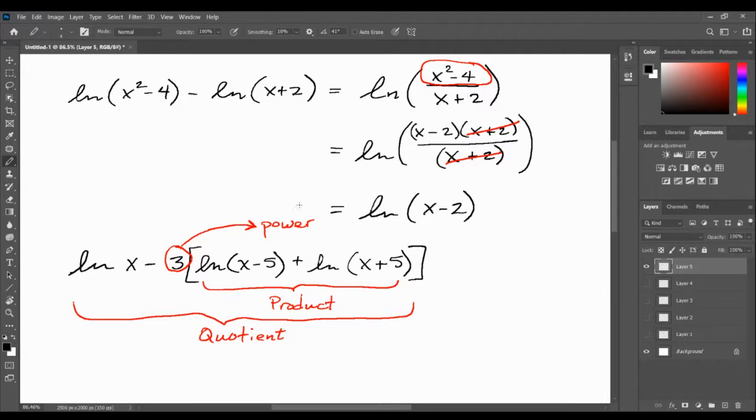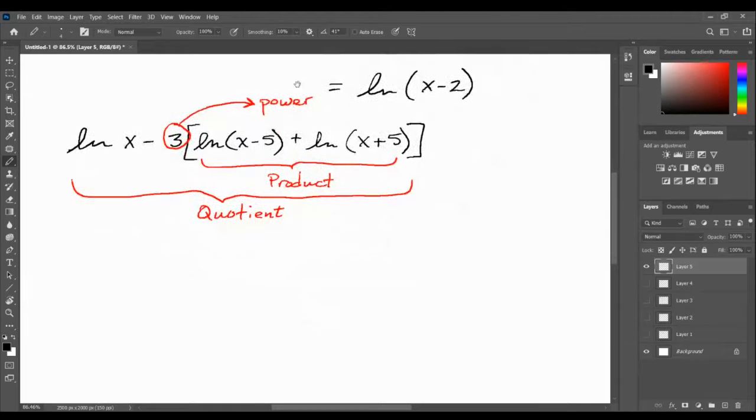So let me move the screen up a little bit. I don't need that other stuff up there, but I want some space. So first I'll apply the product rule. So we've got natural log of x is still there, still minus 3, but the product rule says I can take the natural log of the product of these two terms. x minus 5 times x plus 5.